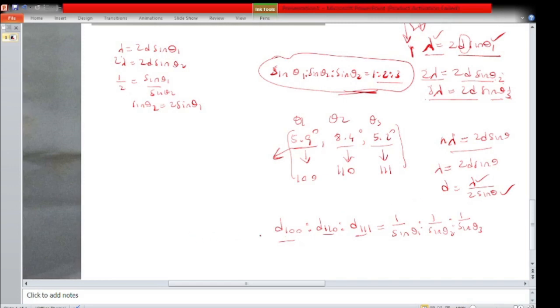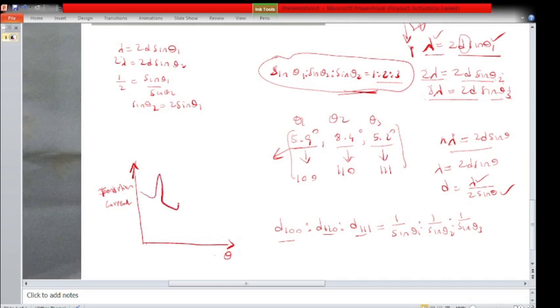So the ionization current, or the intensity, you can consider intensity or ionization current on the y-axis, versus the incident angle theta. Then we will get something like this.